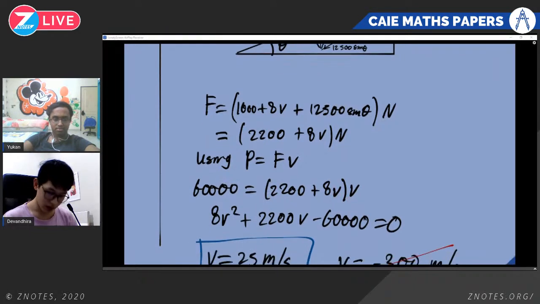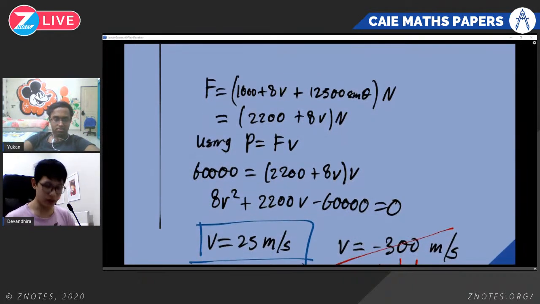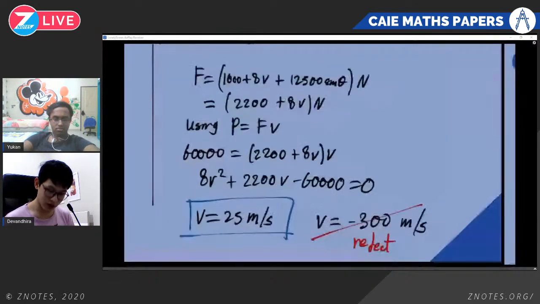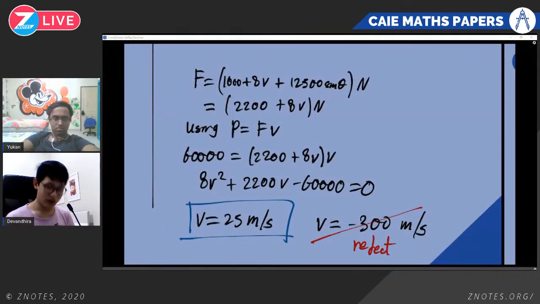Then we have a quadratic. We can solve for V. So what's the V here? We can just multiply, distribute it, put everything to one side, then pull out your calculator and solve it.